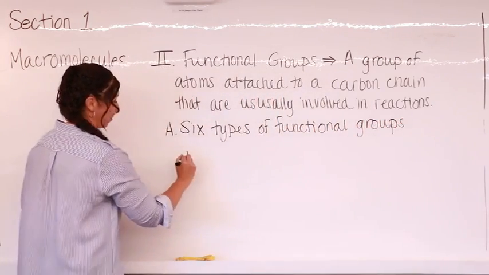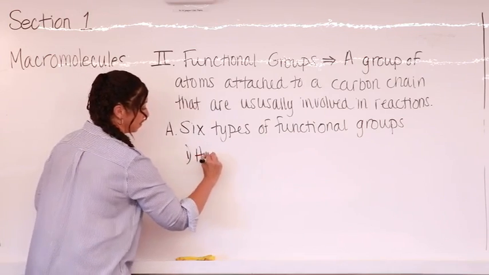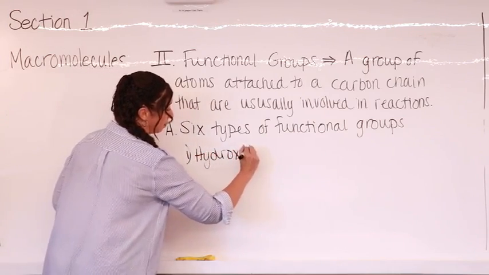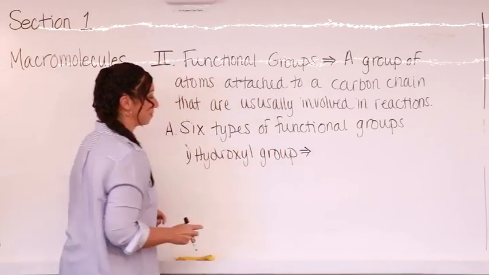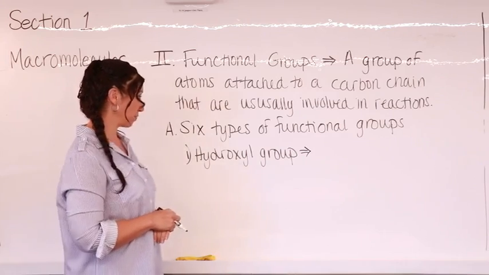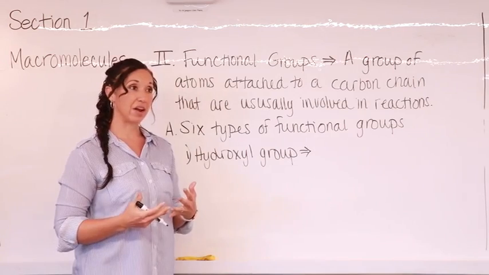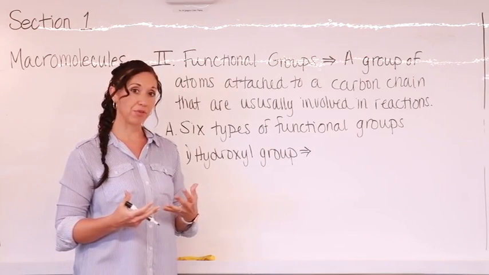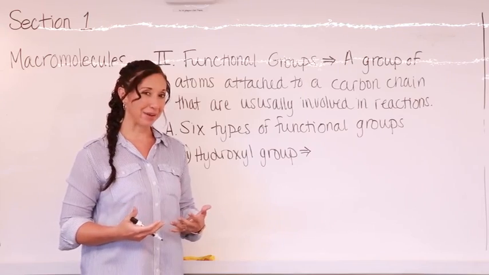All right, the first one is called a hydroxyl group. First one is a hydroxyl group. And what a hydroxyl group is, it's honestly an OH. And if you remember from chemistry, you had hydroxide, that kind of polyatomic ion.